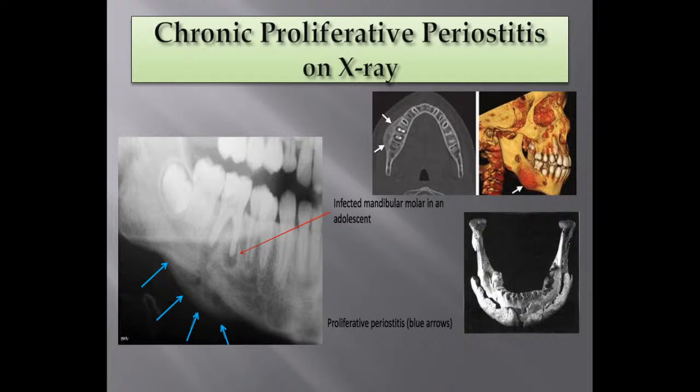And if you take your attention to this X-ray, you'll see periapical periodontitis. And what else we can see: an impacted tooth, a wisdom tooth, yes, an impacted wisdom tooth.